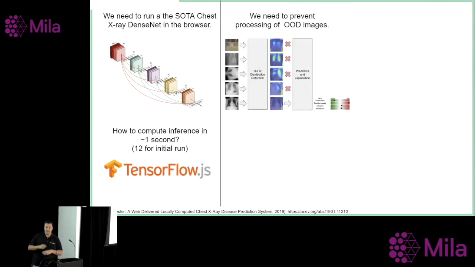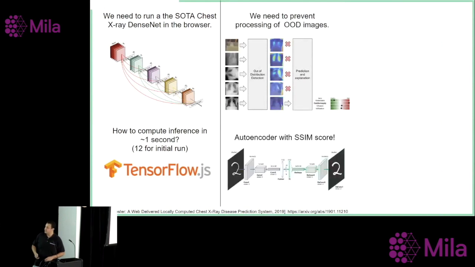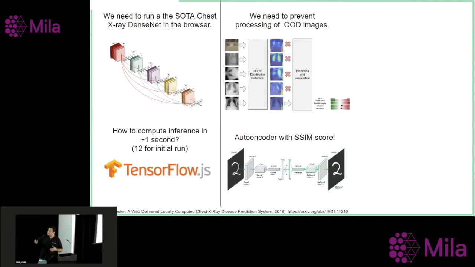So we played with a lot of different techniques. It turns out that autoencoders are just awesome. But if you augment them with an SSIM score, right? So it's a structural image similarity. This allows us to perform this task of rejecting cat pictures and pictures of knees pretty effectively. But there's still a lot of research to do there.